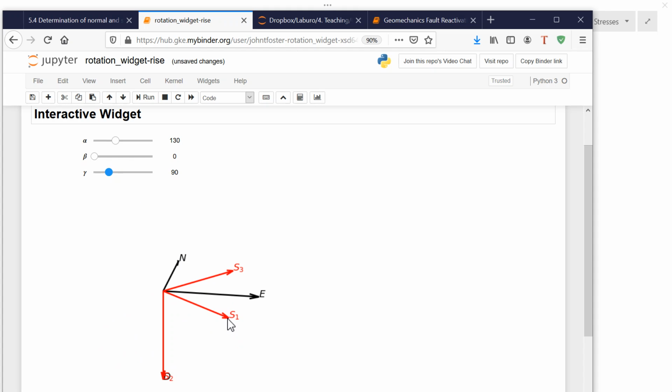And now the maximum principal stress is horizontal and the minimum principal stress is horizontal too. And the angle alpha tells you the angle between the north and the minimum principal stress direction, or the azimuth of SH mean.